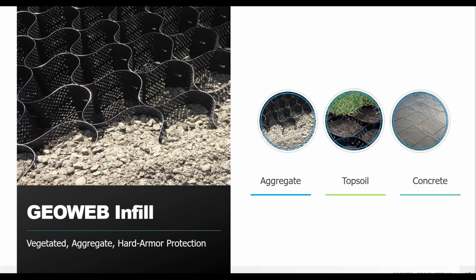And you just don't need that with the GeoWeb system. So just something to keep in mind if you're trying to compare those different solution options. But all of that to say, we've got our three options here on the screen. You've got your aggregate, which can be stone or sand or salvaged material. You can do topsoil, and this is going to help you grow vegetation. And then you can also do concrete. So basically three categories of options there.